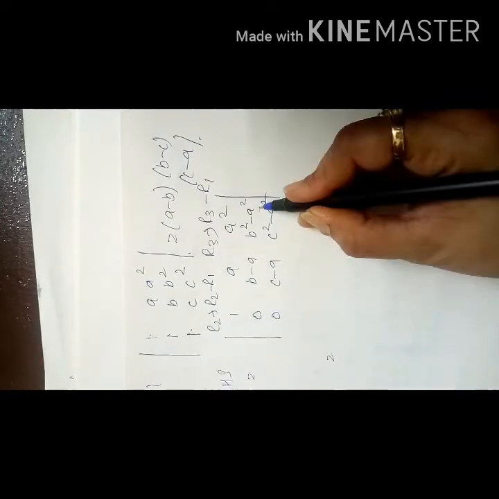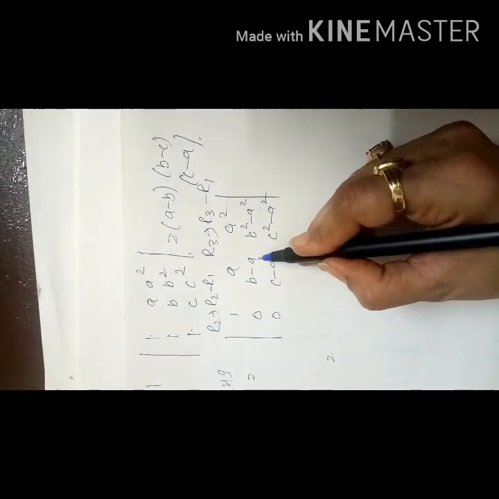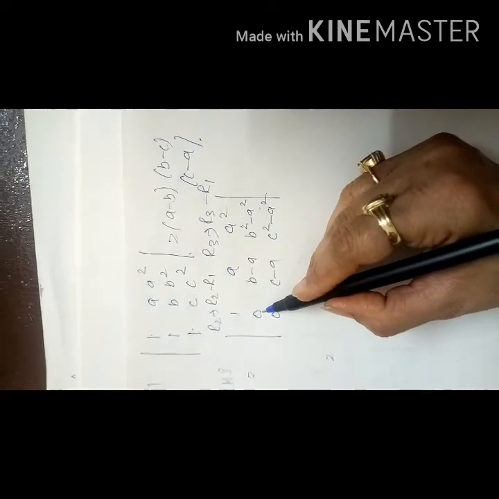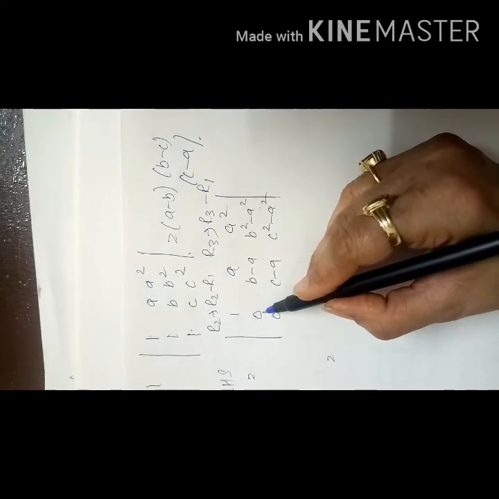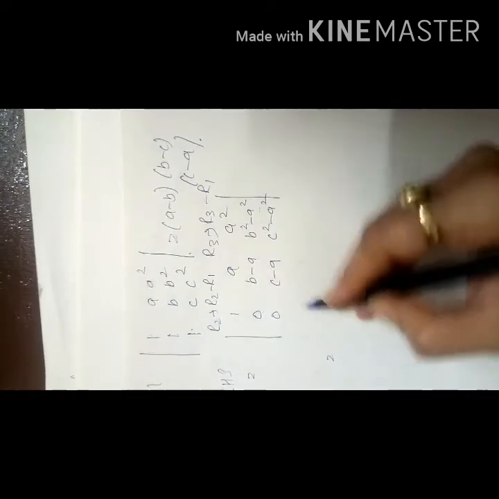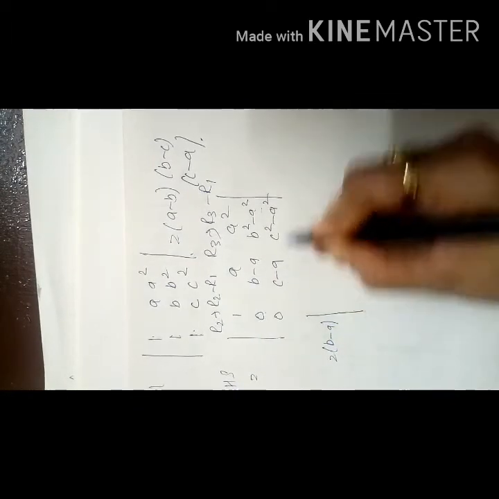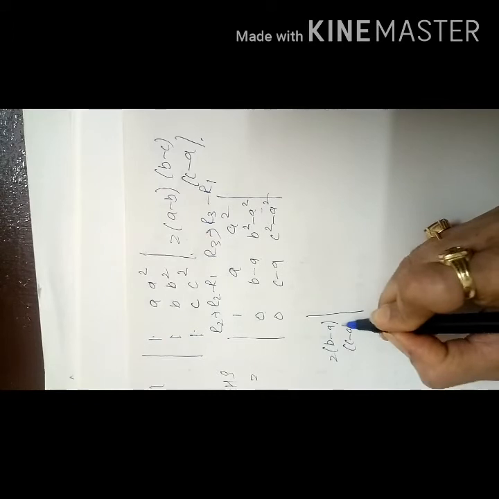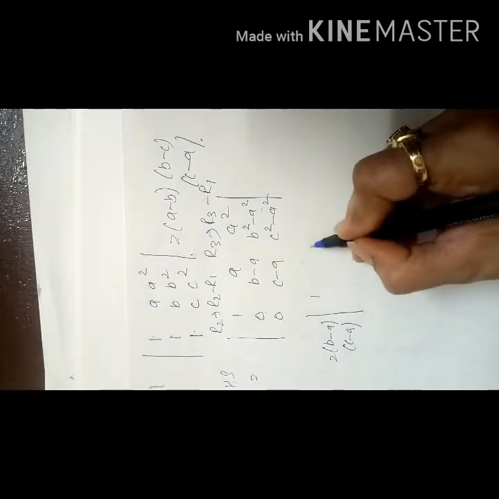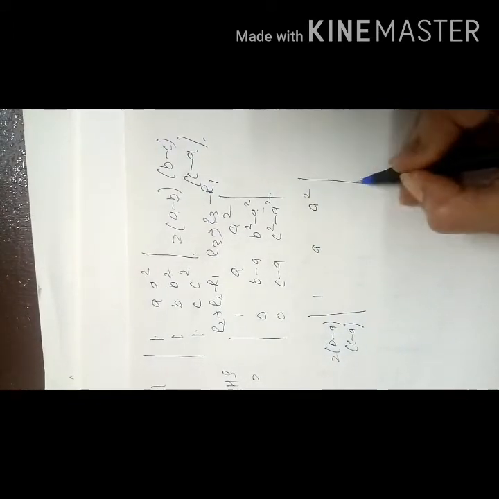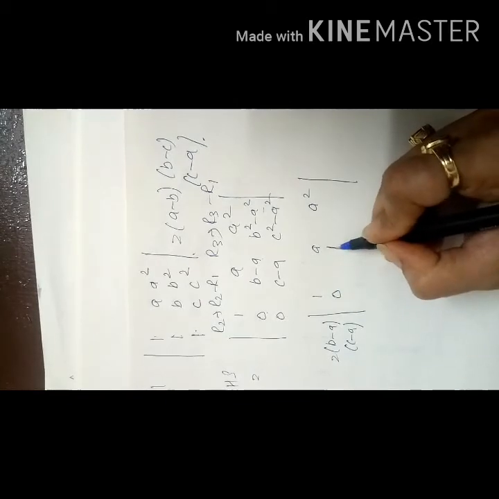Now from this second column we can take b minus a. Now 0 is there, so there will be no effect if you take b minus a common. So we are taking b minus a common from R2 and c minus a common from R3. So 1, a square, then 0, then 1.